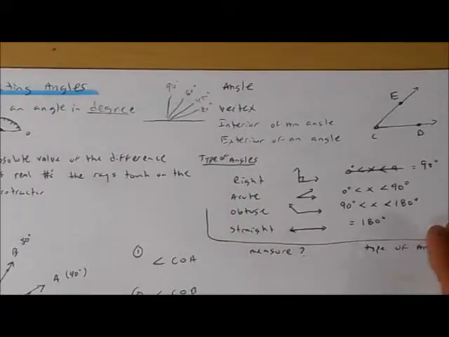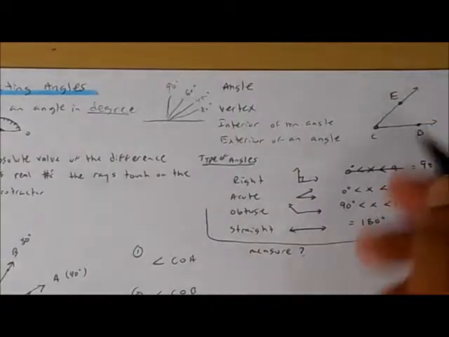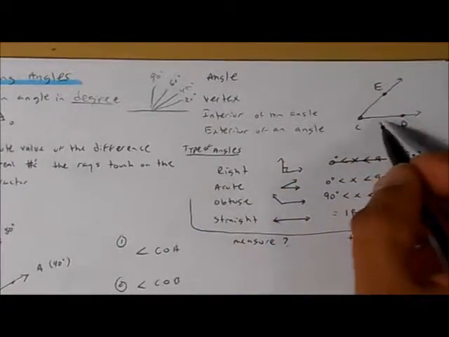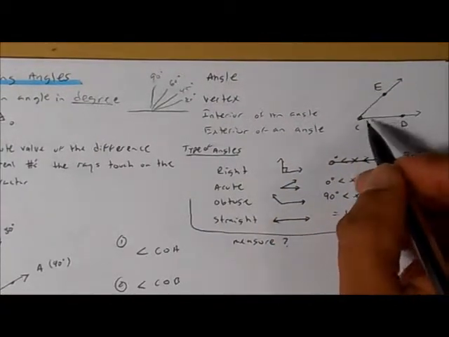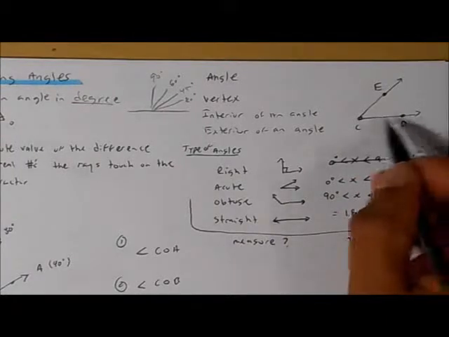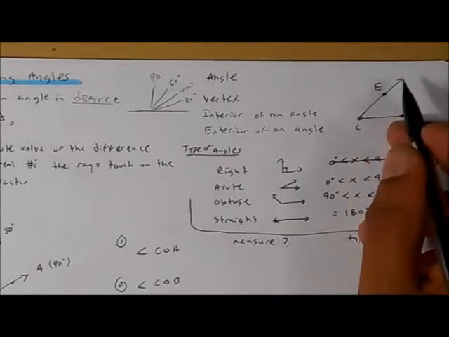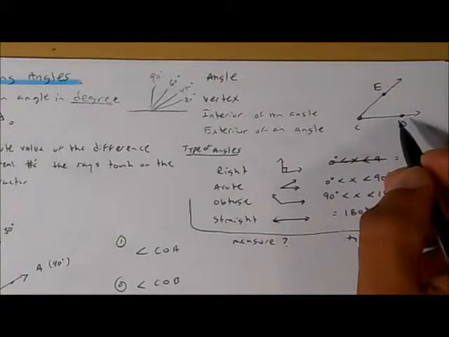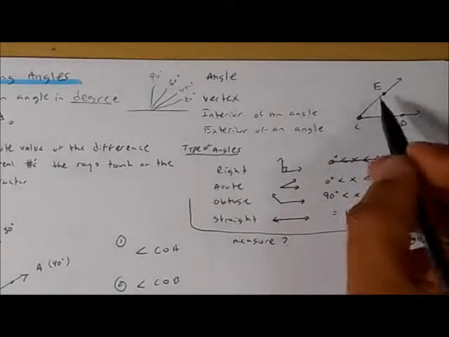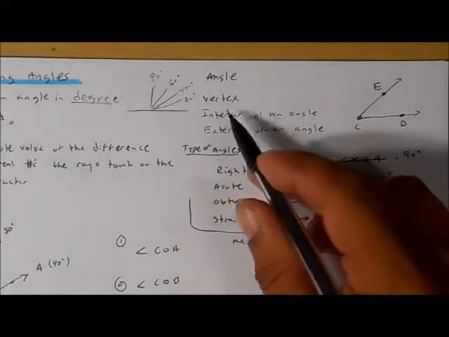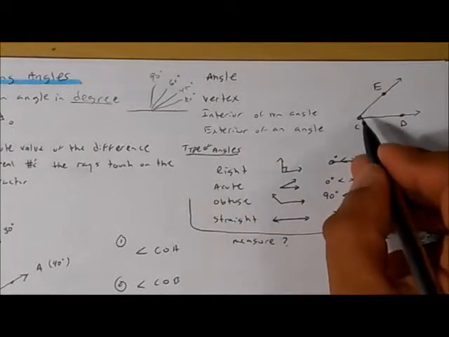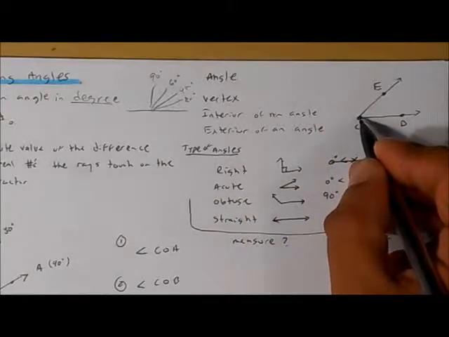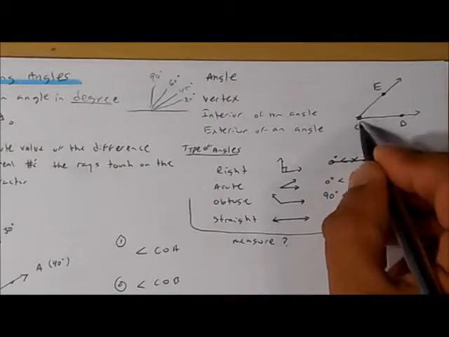Okay, so an angle is usually created by having two rays, one pointing in one direction and one pointing in the other direction. These 3 points would be considered non-collinear, and the one really important point here is that it has a vertex. The vertex is the endpoint that they both share.